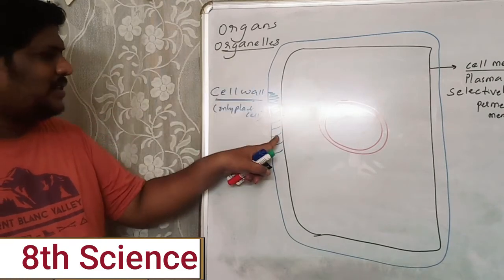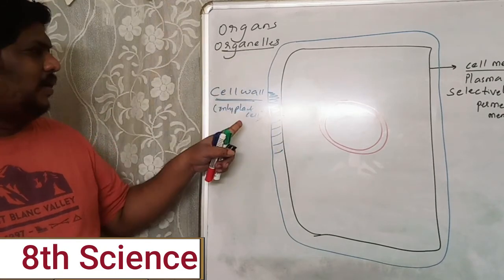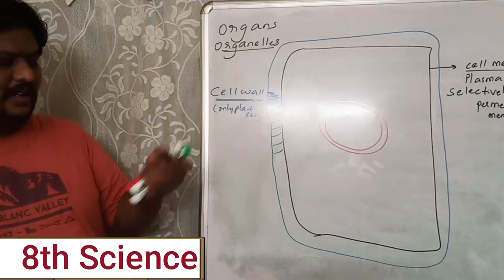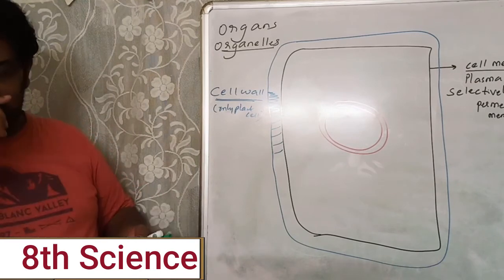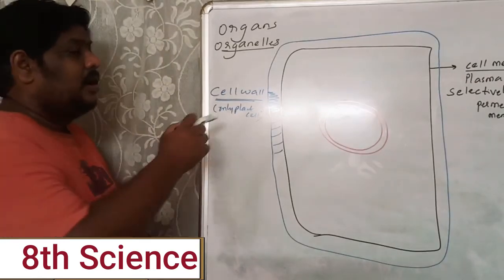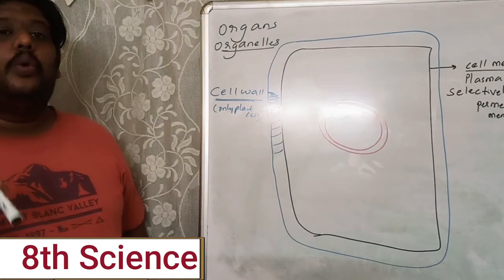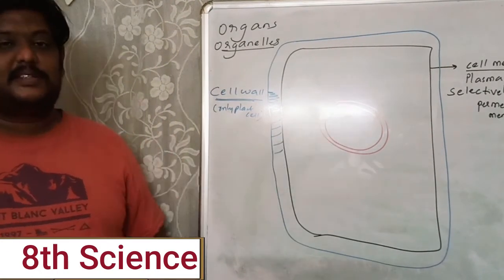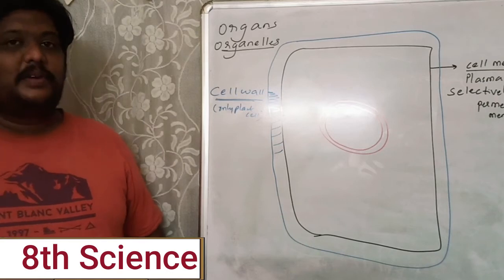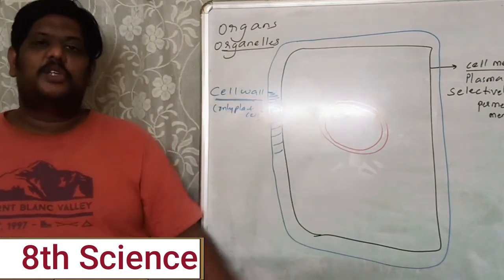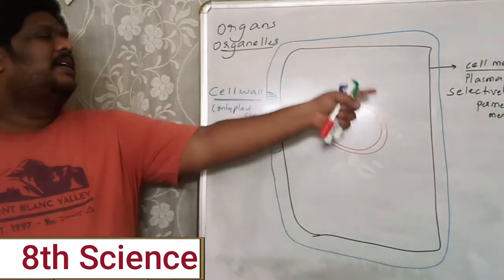Now, what is the cell membrane? It's an organelle. What is the cell wall? It's an organelle. What is the nucleus? It's an organelle. All the organelles inside the cell are controlled by the nucleus, just like our brain controls our human body. In the same way, the nucleus controls the whole contents of the cell.